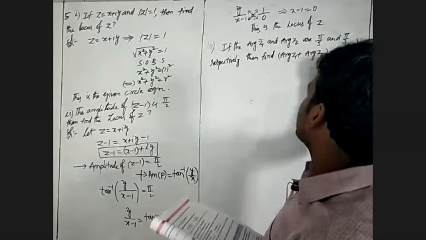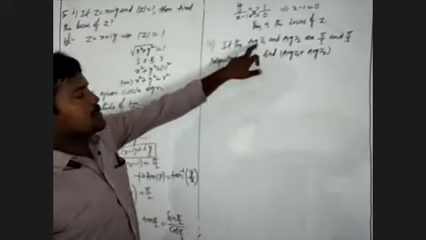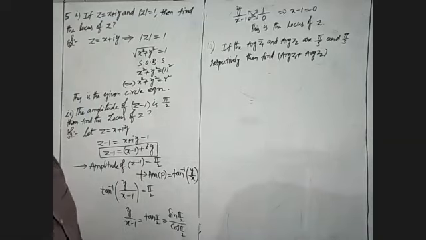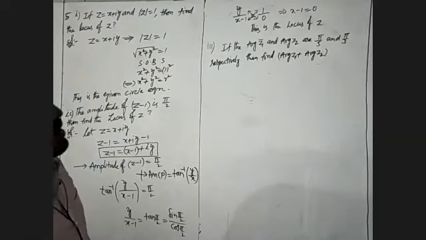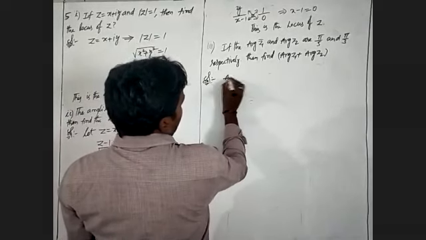We will find what is given in this one. The argument z1 bar and the argument z2 are pi by 5 and pi by 3. Find argument z1 plus argument z2.